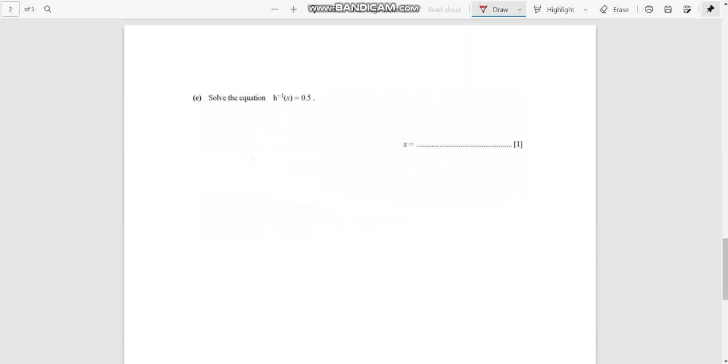Okay, next, let's look at this more challenging question. They want you to find the inverse function of h(x). So just now I know my h(x) equals 2 power x. Okay, so to find the inverse function, we do the same thing, y equals 2 power x, and we swap the x and y. So now we have a power. If you want to bring down the power, you need to add something called log on both sides.